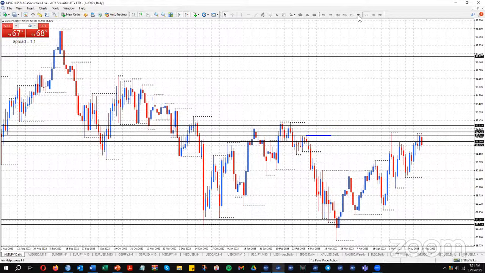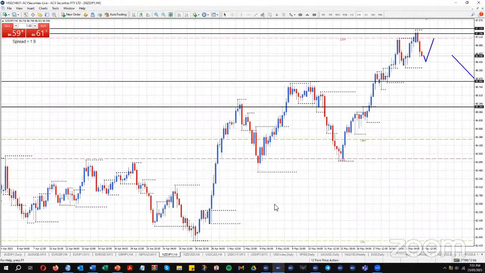All right. So we're definitely seeing some form of reversal on some of these pairs at the tops, especially Aussie yen here and the New Zealand yen. So I got short the Aussie yen today. I'm going to see if I can get short the New Zealand yen, however it sets up tomorrow after the interest rate decision.